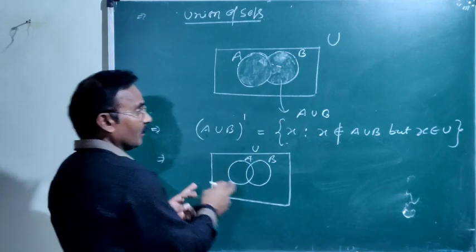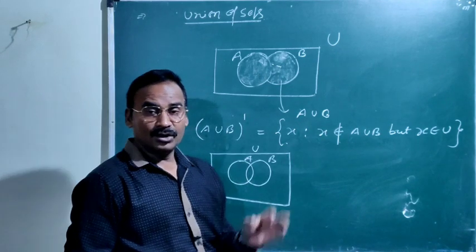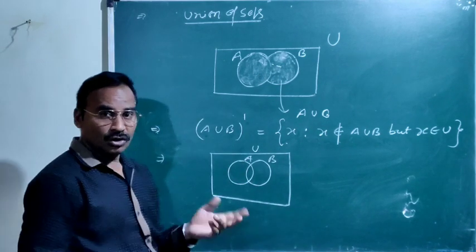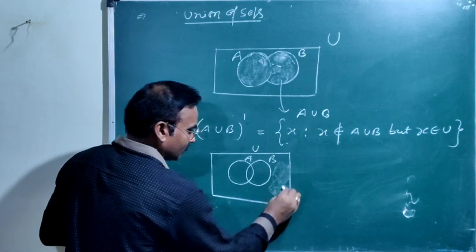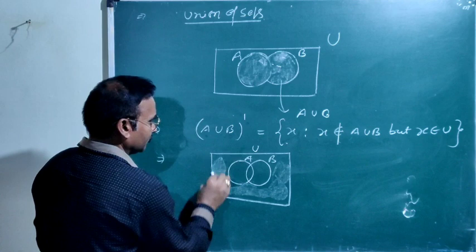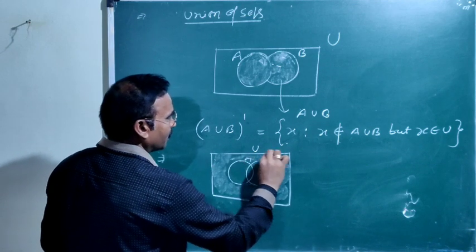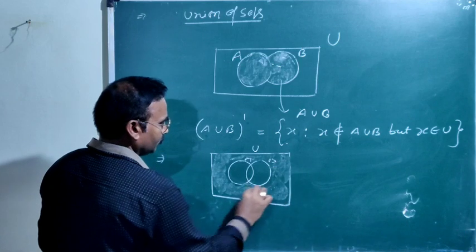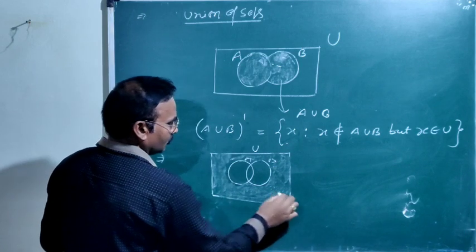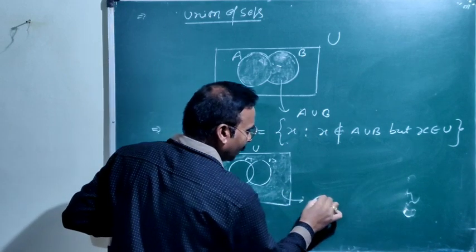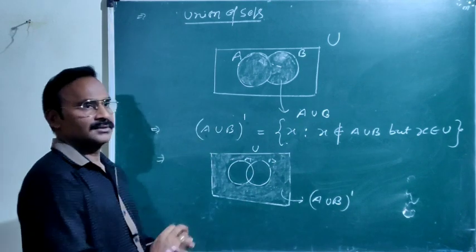So you leave all the shaded region and take the rest of the elements from U. This part is called A union B complement.